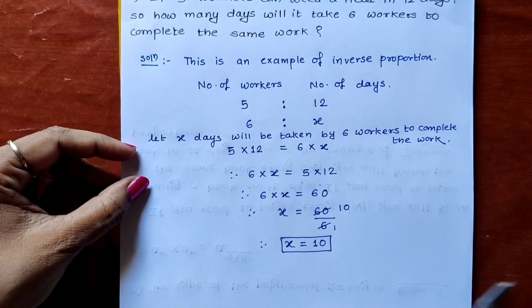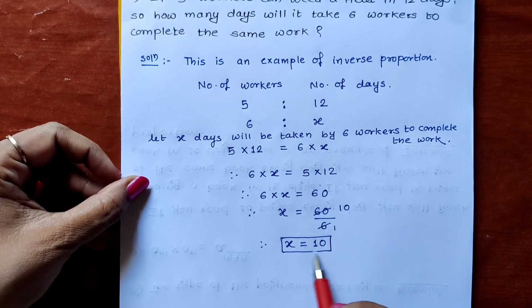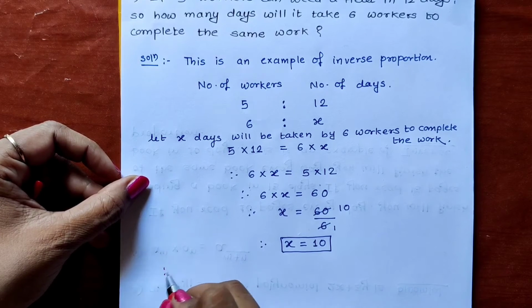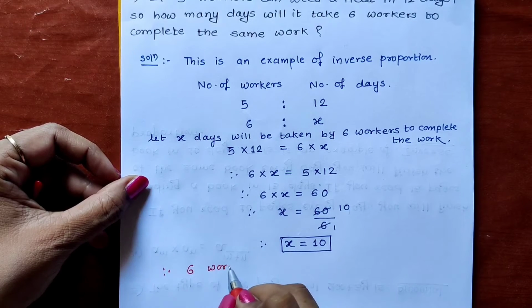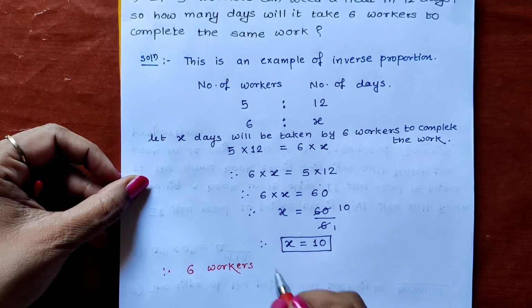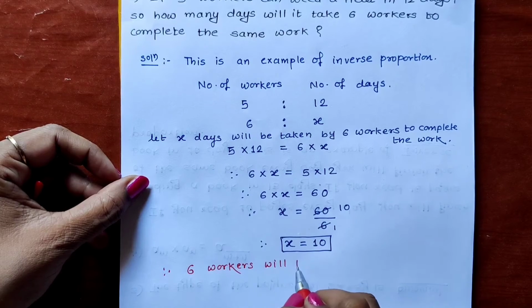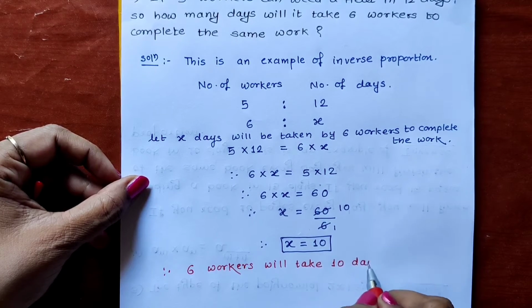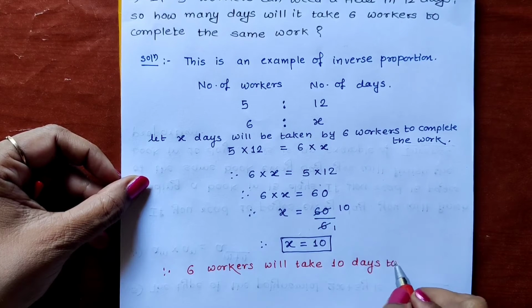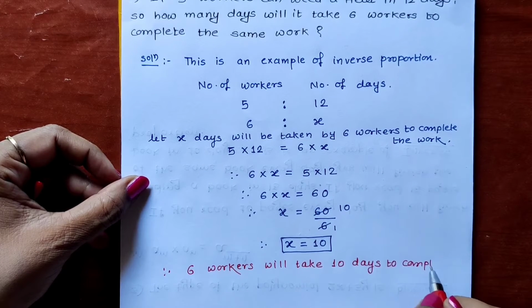And therefore, as we have got the answer X is equal to 10, what will be our answer statement? Therefore, 6 workers will take 10 days to complete the work.